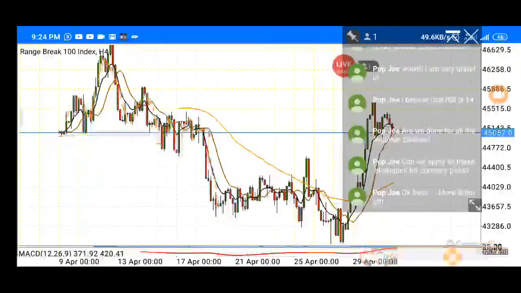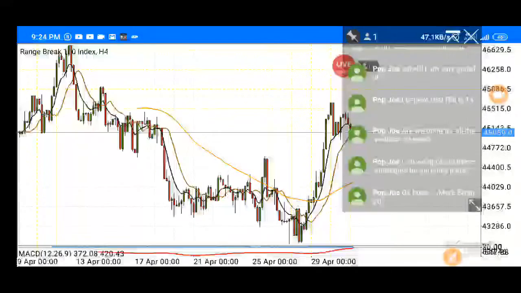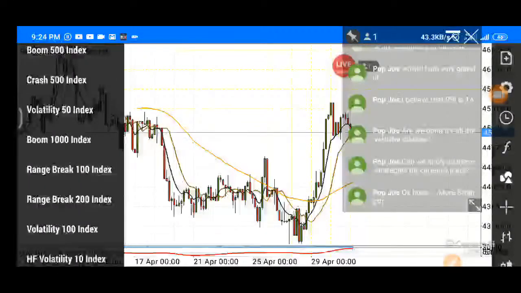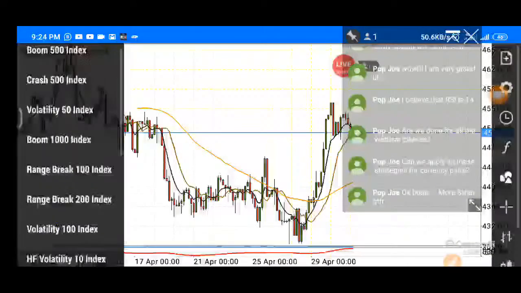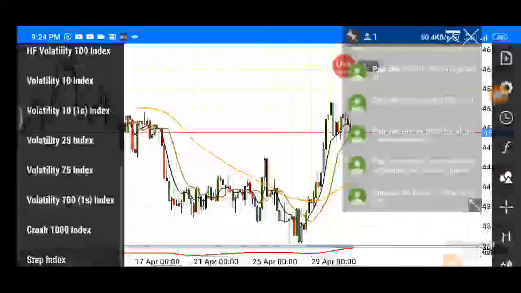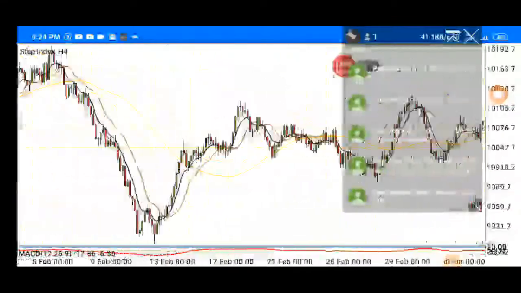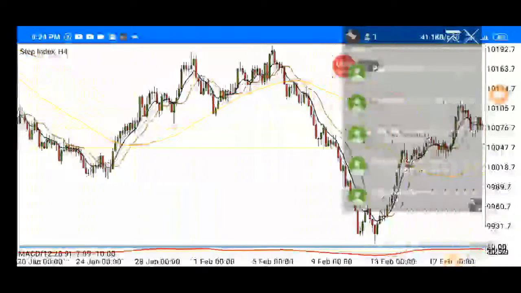So you can use it on any market whatsoever. Let me check step index. This is H4.